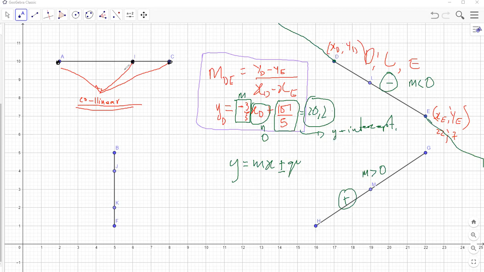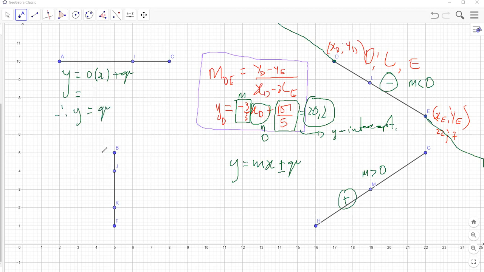So you may ask yourself a question, but what about these two lines here? One has a gradient of 0, one has an undefined gradient. Well, let's work out this one. Here we said the gradient is 0 plus q. So that means the equation of this line is just y equals q.